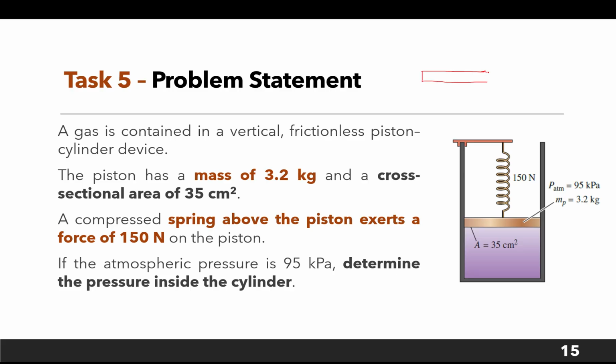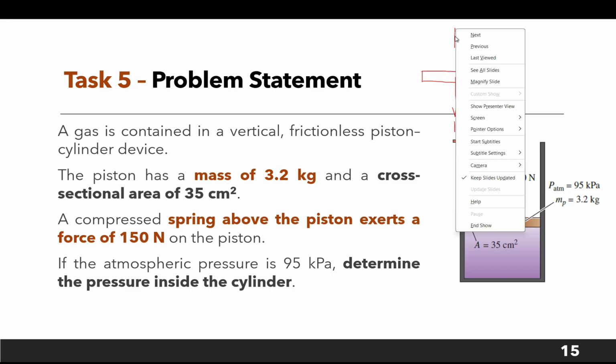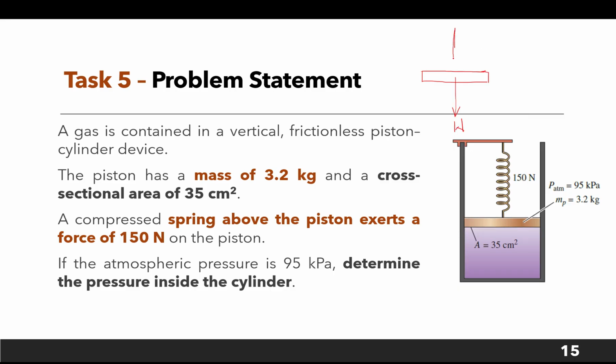Because if I look at the piston, I have a piston here, and on this piston, I have the weight of the piston, W here, and I have the force due to the spring, which is 150 newtons.